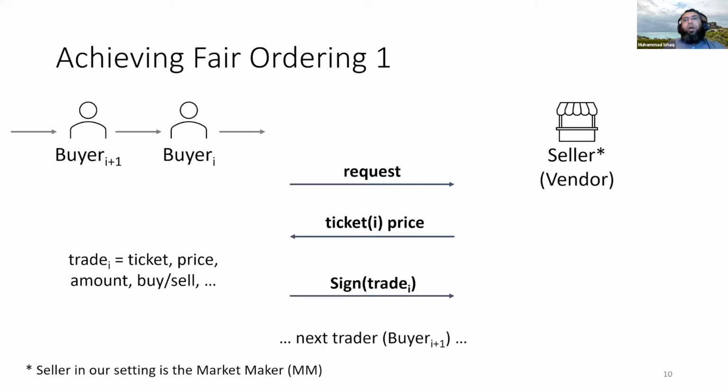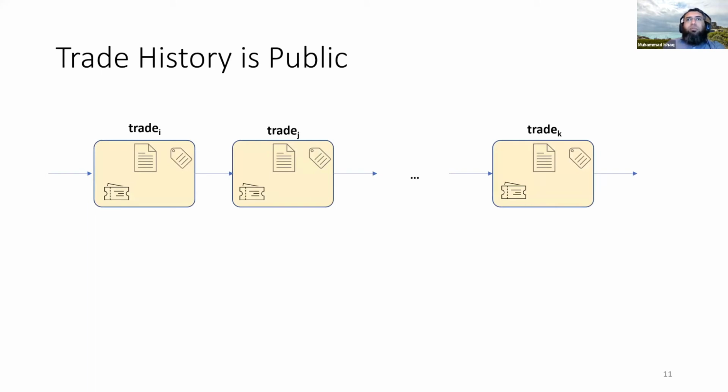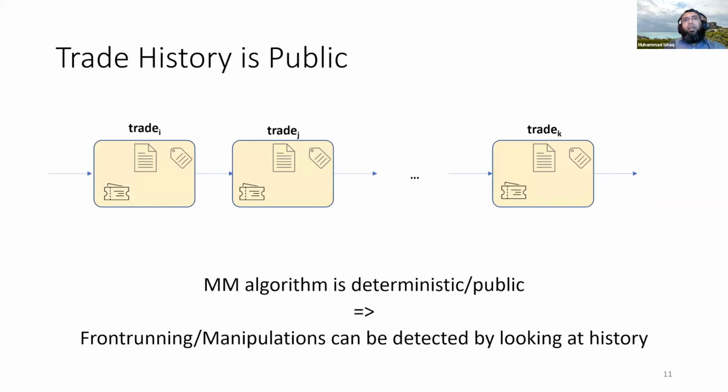So at this point, the seller finalizes the trade using this trade I object and goes to the next trader, right? The next buyer, right? So this gives rise to trading history, and this trading history is public. And we know that market making algorithm, the MM algorithm, is deterministic and public. So everybody can just look at this history and verify that no manipulation has happened, right?